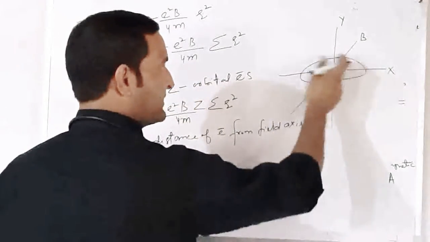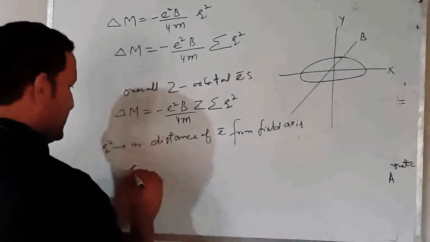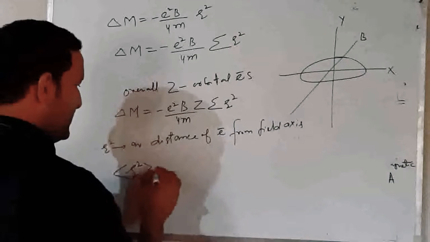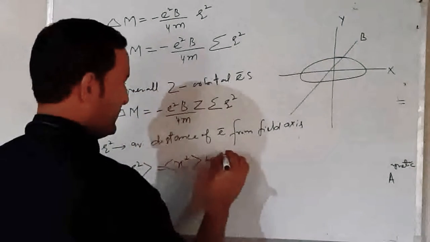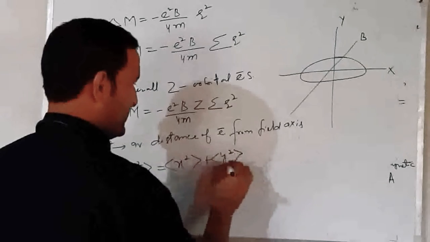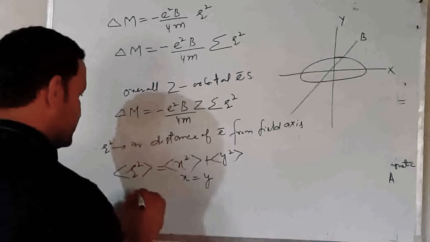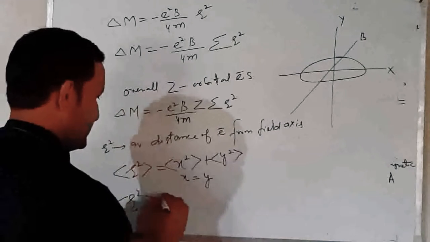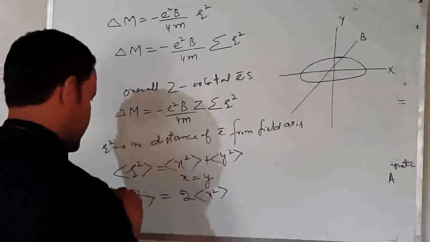In terms of the xy plane, which is perpendicular to that, we can write the mean r square as x square plus y square. If x equals y, then r square is equal to twice x square, right?